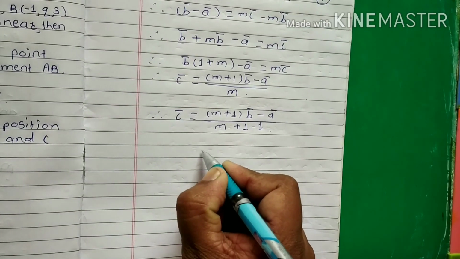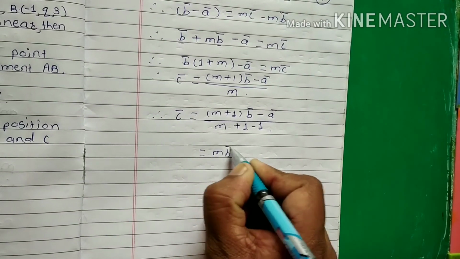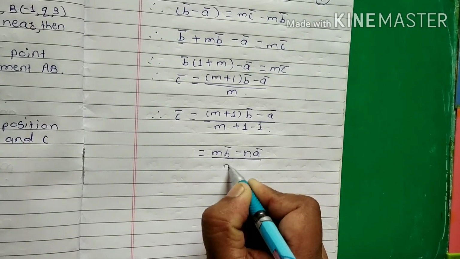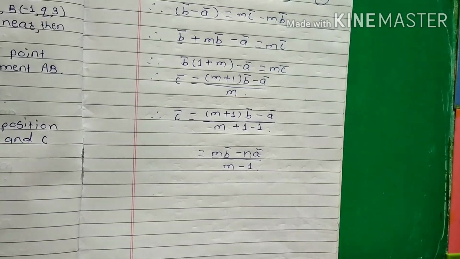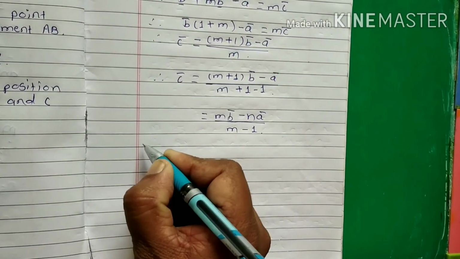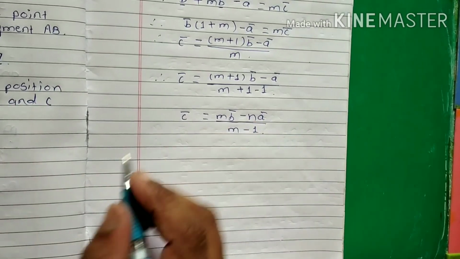It is also we write MB bar minus A bar divided by M minus 1. Therefore the point C divides the line segment, that is the reason we write the value of C bar in such a way.